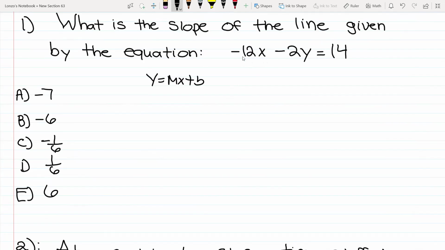The first thing I would do is add 12x to both sides. So this cancels, and now on the left you're left with negative 2y equals 12x plus 14. The next thing I would do to solve for y is get rid of this negative 2 by dividing both sides by negative 2.